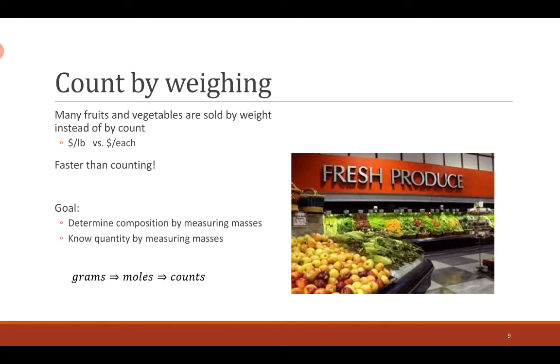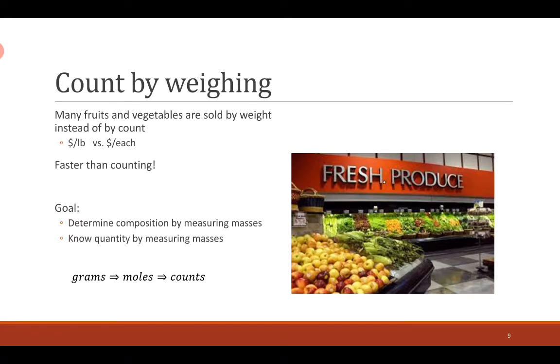And so if we make an analogy to what we're about to do, when you shop for vegetables or produce, a lot of vegetables are sold by the pound rather than individual counts. And so if you fill a bag with green beans, the cashier doesn't have to count how many green beans you purchased, they just have to weigh them.